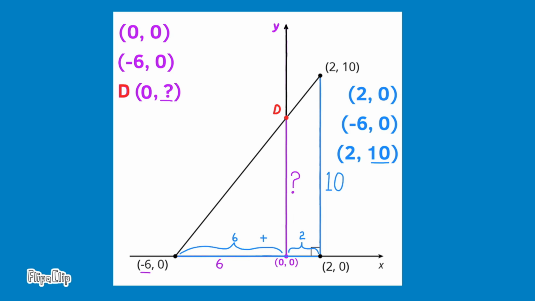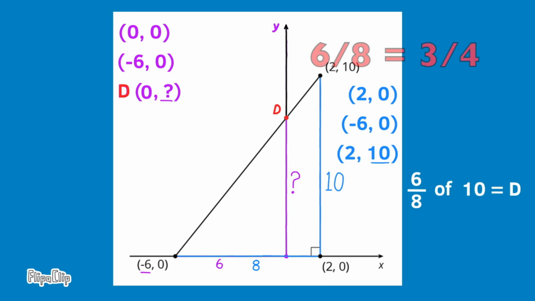That's a length of 6 for the purple triangle and a length of 8 for the blue triangle. This tells me that the side lengths of the purple triangle will be 6/8 of the side lengths of the blue triangle. The missing y-coordinate for D will be 6/8 the size of the corresponding y value, which is 10.